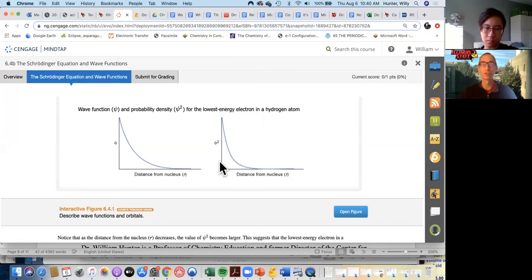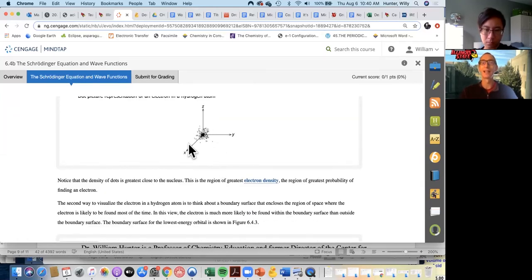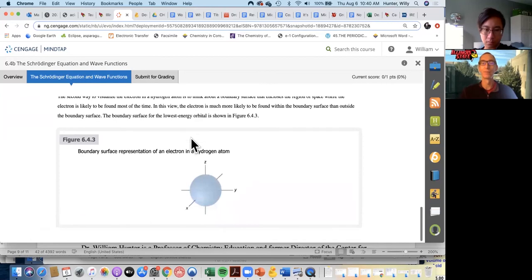And so the Schrödinger wave equation and the wave functions are mathematical ways of understanding that the electron has various individual locations that we can predict where it's likely to be. And if we take all of those and count them up, then we would end up with this orbital for the hydrogen 1s electron.